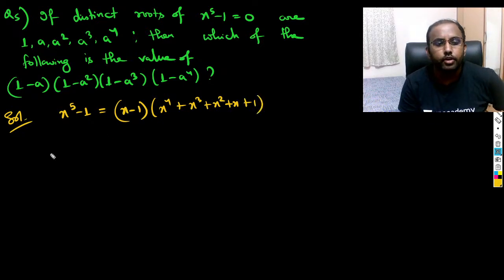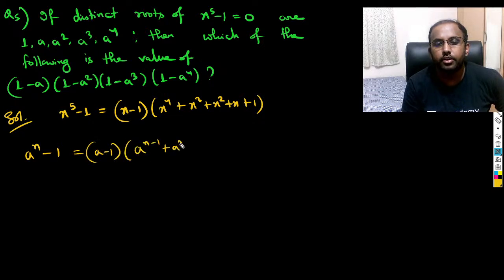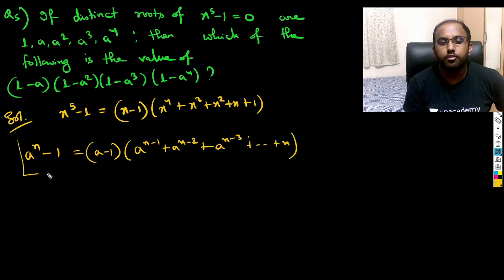Why? If you remember the expansion, a raised to n minus 1 is a minus 1 into a raised to n minus 1 plus a raised to n minus 2 plus a raised to n minus 3, and it goes on. That's the expansion.